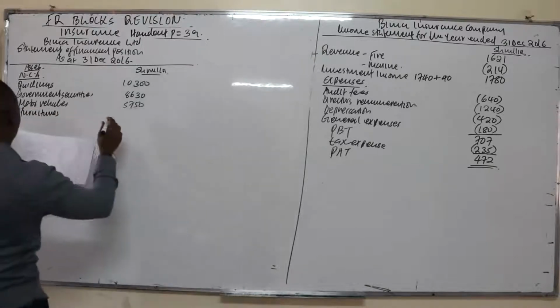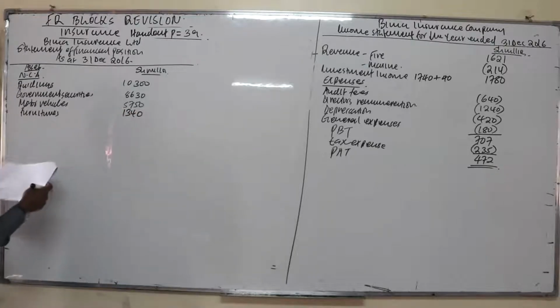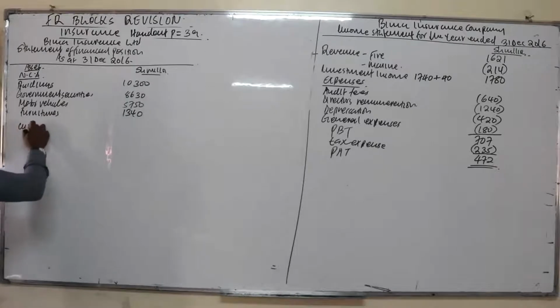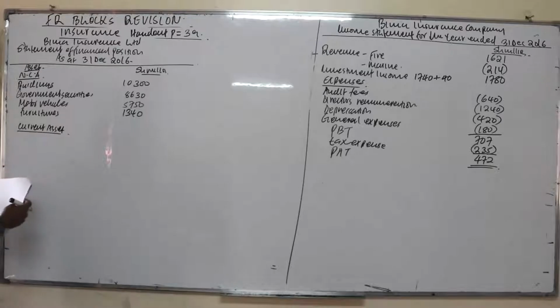For the furniture, we have 1340. I don't think we have any other. We didn't have any other. So now let's go to the current assets. So to the current assets, number 1, we have bank and cash balance.